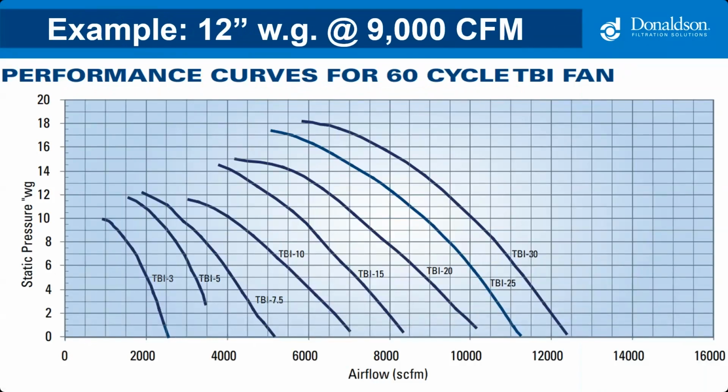So fans are sized based on system total static pressure and the required airflows. For the example I just brought up, let's say that we need to size a fan for 12 inches of water gauge at 9,000 CFM. We use a system static pressure of 12 inches and line it up with the airflow, 9,000 CFM.